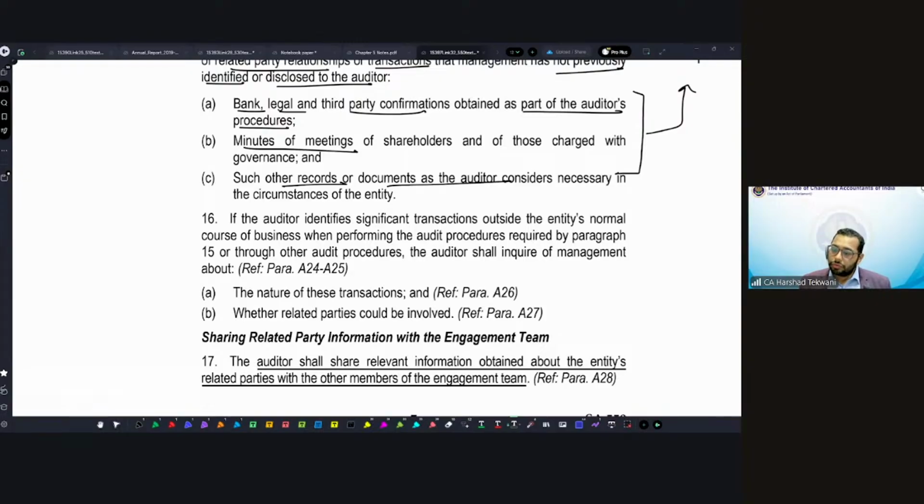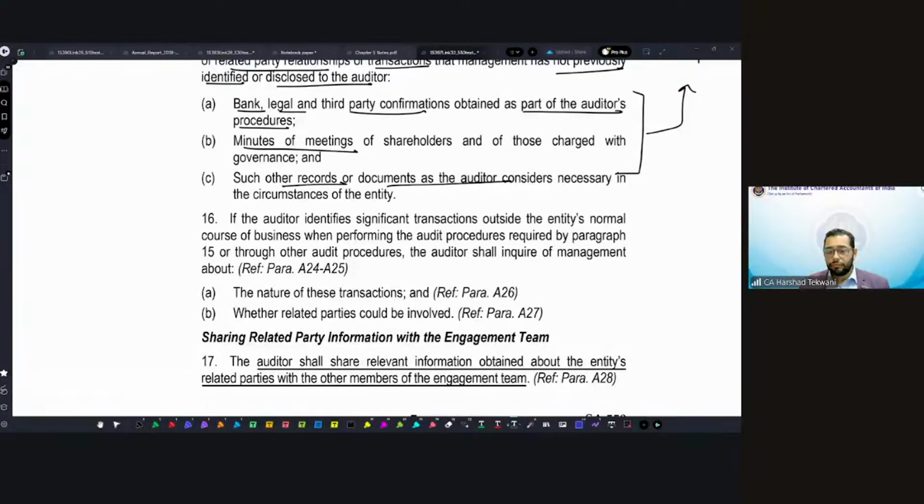We will communicate to the team members and the component auditors. Yes. And then we will ask the management why it was not disclosed and understand the reason for non-disclosure. Absolutely correct.